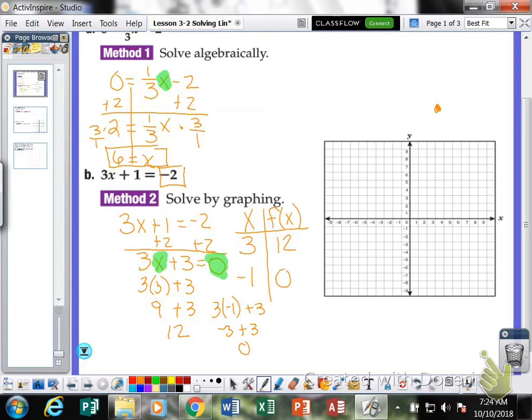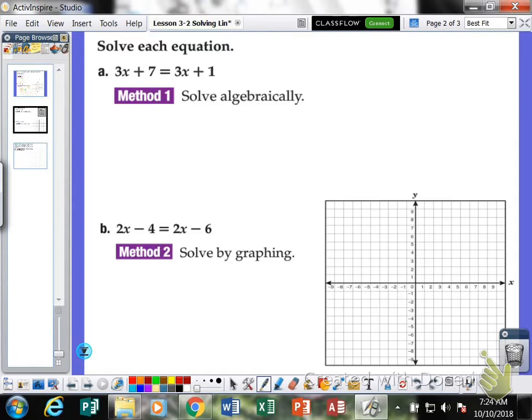So -1, 0 would be right about there. Then I have this line. If I were to connect them with a straight edge, a ruler, that is the line I would get, but the value would be x equals -1. I understand this is a long method, but this is just another way of solving equations by graphing.